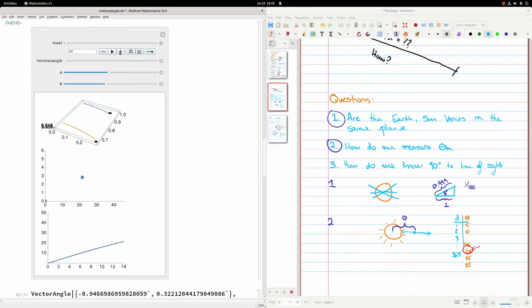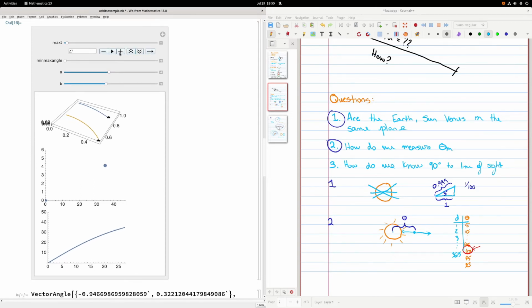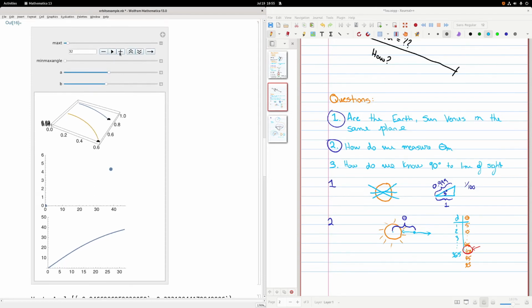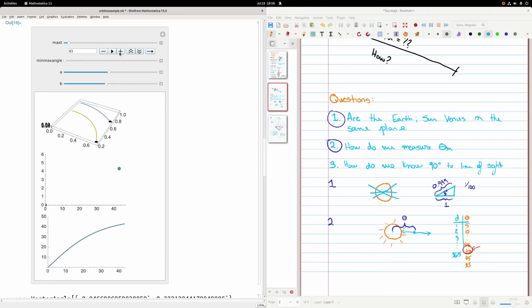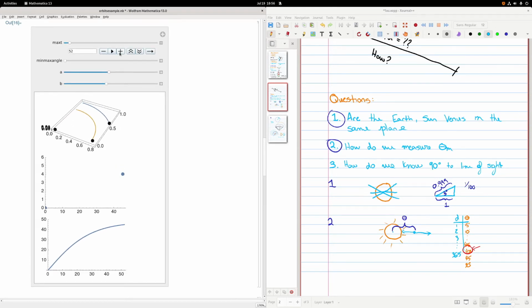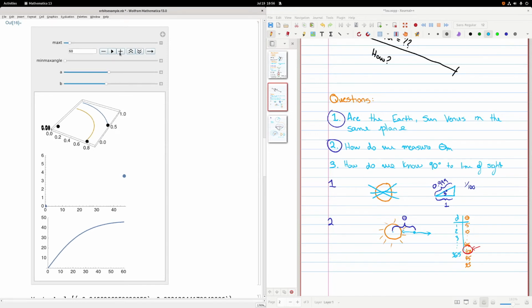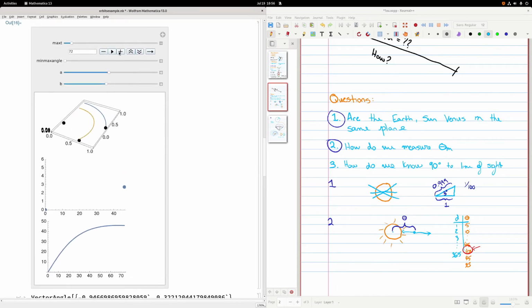Okay, so you go through this process, and as it goes on, you're going to find that it's going to plateau. And this plateau is the fact that it's reaching the maximum angle. So you can see here in that bottom plot, it's leveling out, leveling out, leveling out, and there. I would say we've hit our max.